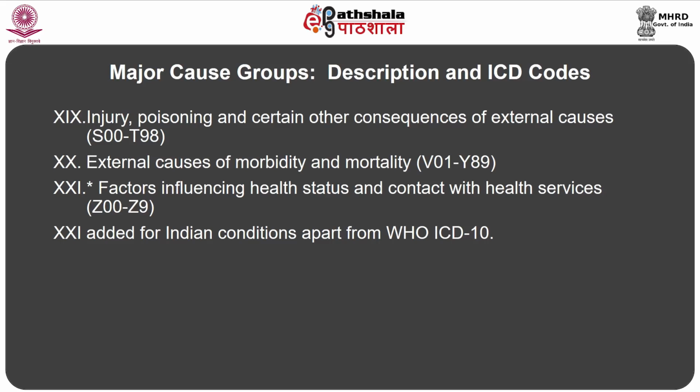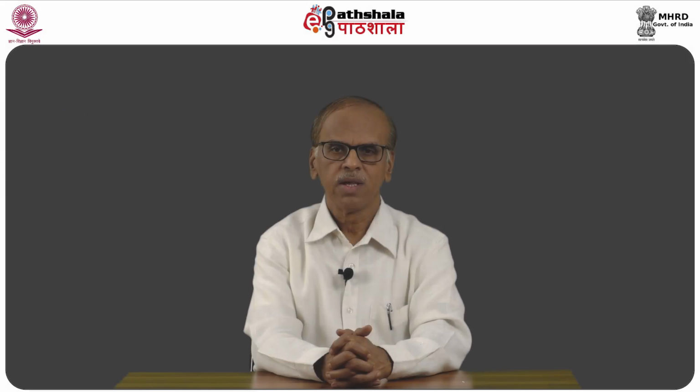V01-Y89. 21. Factors influencing health status and contact with health services. Z00-Z99. The causes of death for item 21 have been added, suitable to Indian conditions, apart from WHO ICD-10.